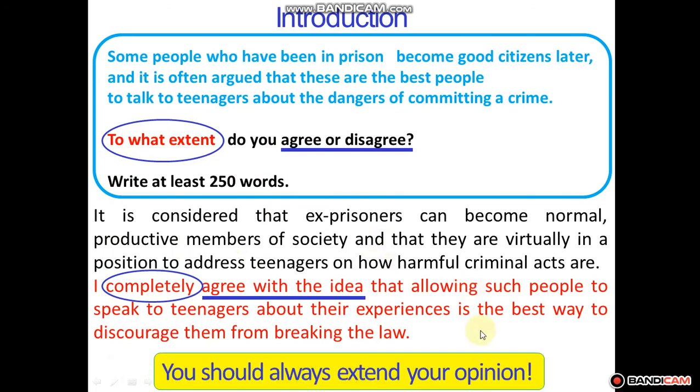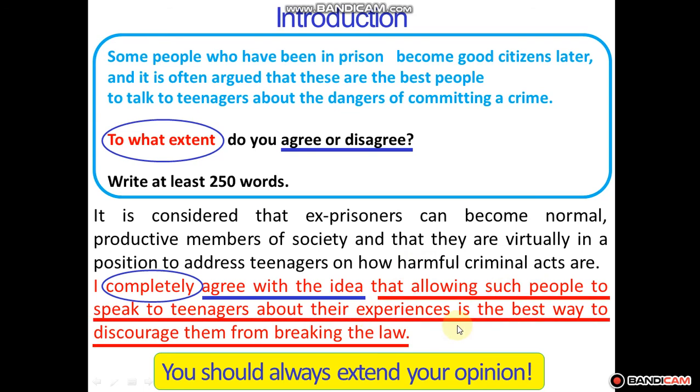So you should always extend your opinion. It's not that you are just contented with saying I completely agree with the idea and that's it, full stop. No dear, you have to show the plan here. You have to extend your answer here. As you can see, I have underlined it in red color. You must extend it. This is what we mean by extending your opinion.